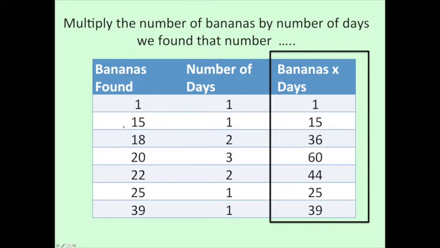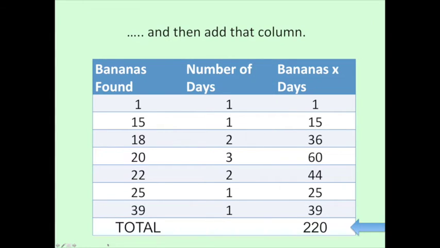One day we found 1. We found 15 on 1 day. 18 we found on 2 days, so 18 times 2 is 36. 20 times 3 days we found that is 60, and so on. And then add that column, the 1, the 15, the 36, the 60, all the way down until you come up to 220, which is the total number of bananas found.